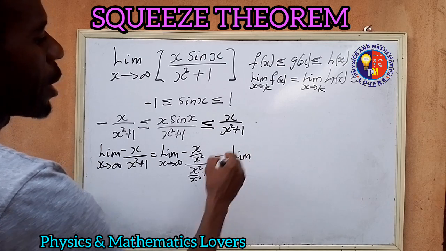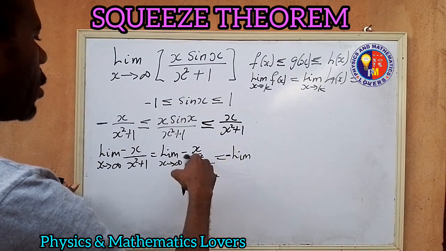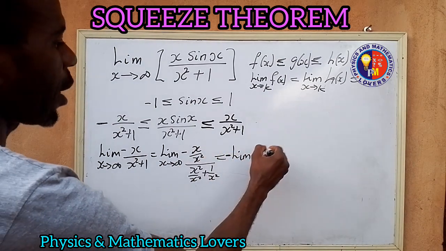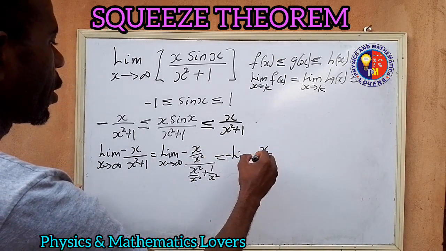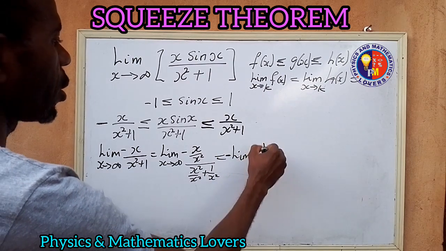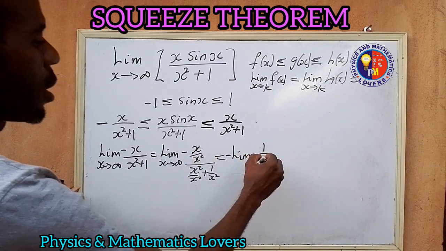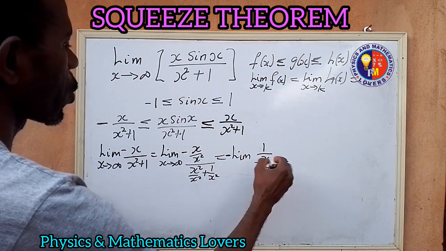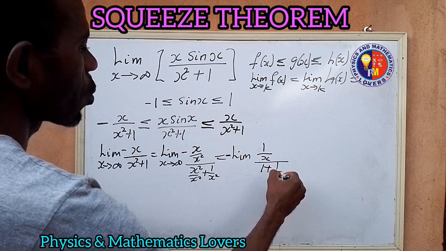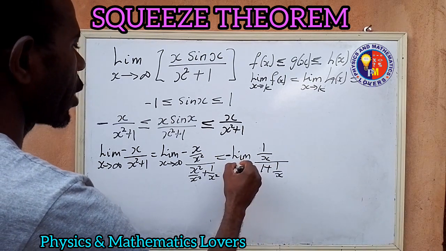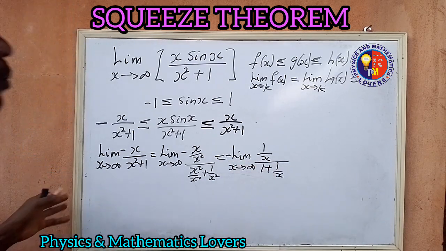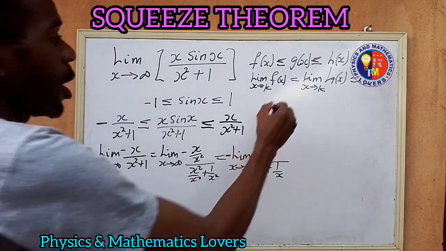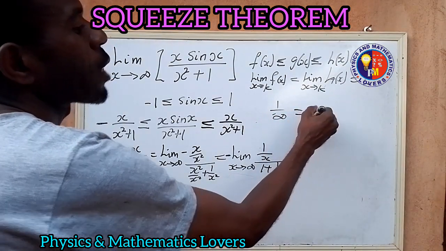Keeping the minus at the front, in the numerator one of the x's cancels and we have 1 over x, all over 1 plus 1 over x squared, as x tends to infinity. Plug in infinity: 1 over infinity automatically becomes 0.